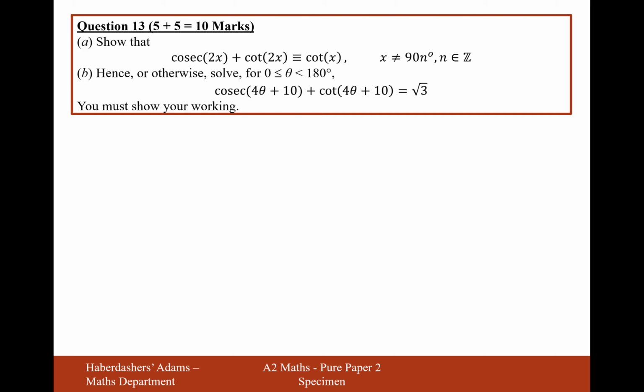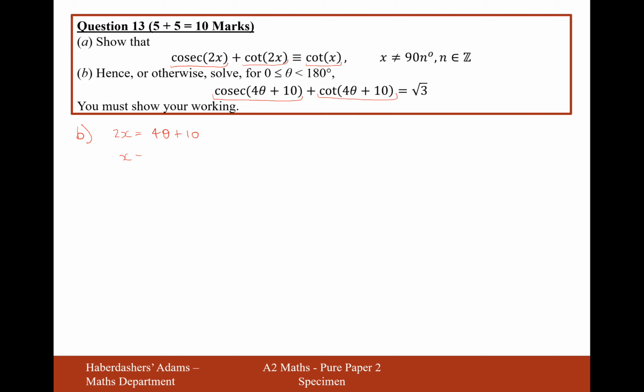Great, so what we can now do in part B is use our expression for cosec 2x equals this and cot 2x equals this to give us cot of this expression here. So if I want to solve this thing equals root 3, then what I can do is I can set, well, 2x will equal 4 theta plus 10.